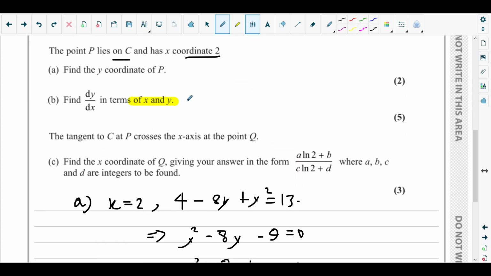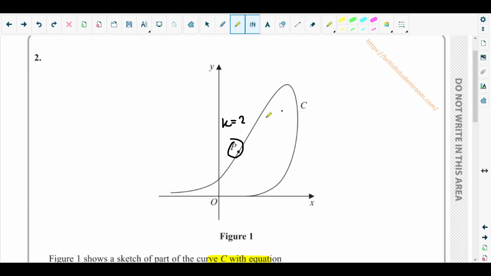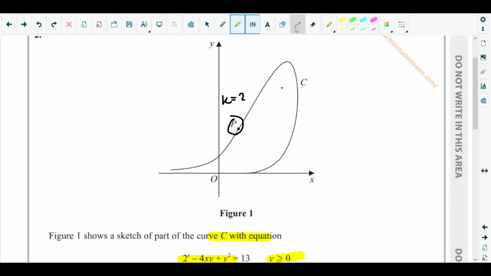For part C, the tangent to C at P crosses the x-axis at the point Q. Okay, the tangent to the curve C at point P. If we draw a tangent to the curve C at point P, let me draw a tangent.